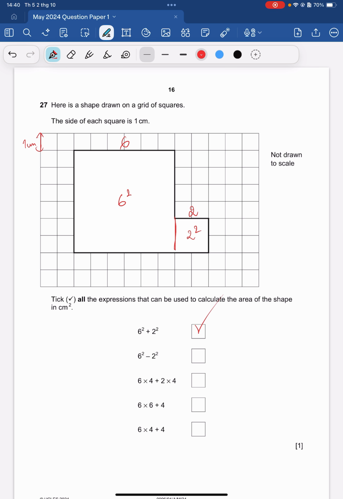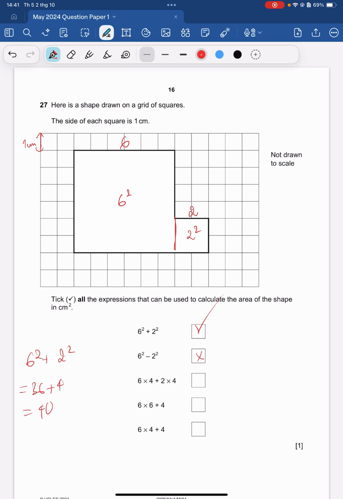And I think we should calculate exactly how many. Like 36 plus 4, that would be 40. Okay, it turns out, of course, no. 6 times 4, 6 times 4 plus 2 times 4.